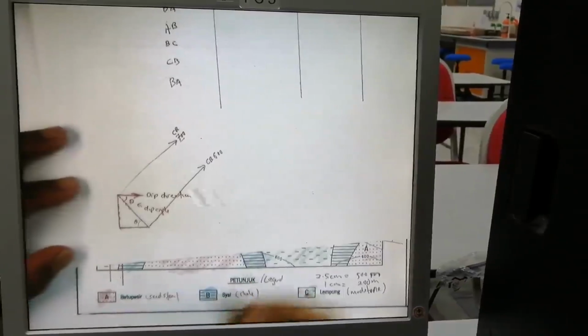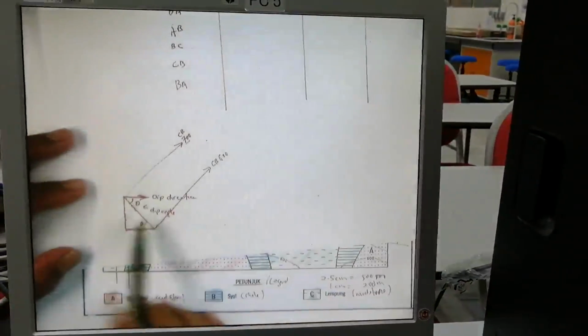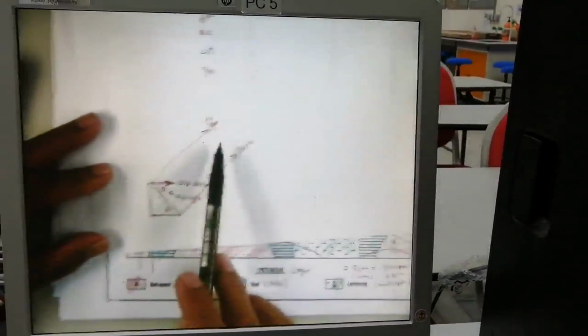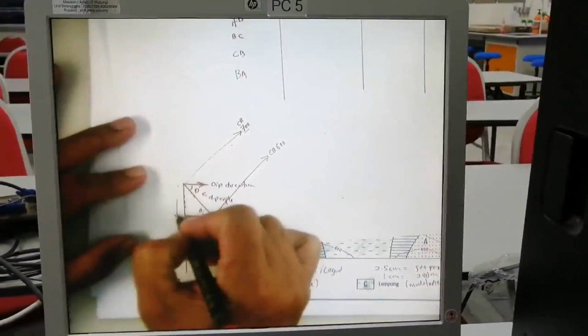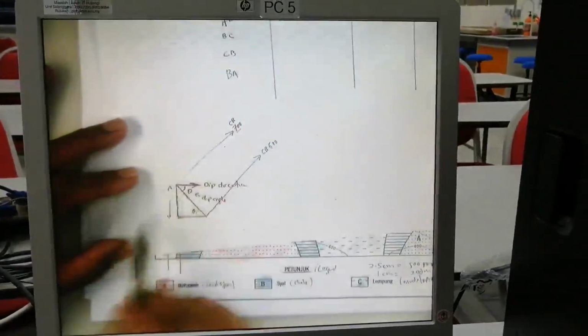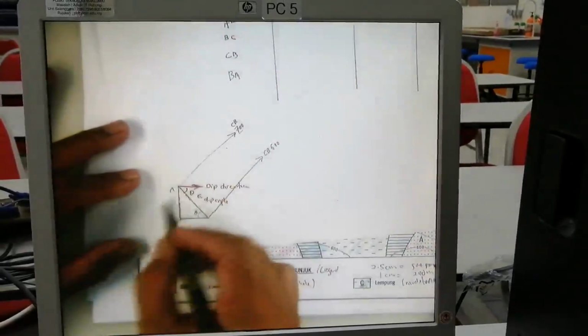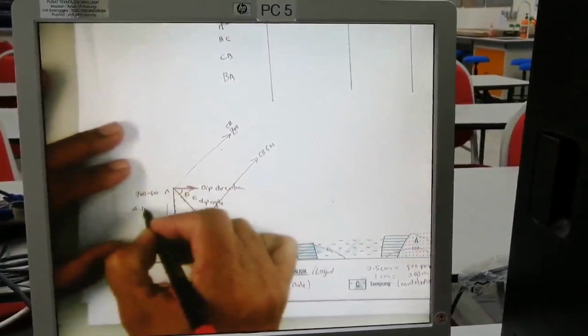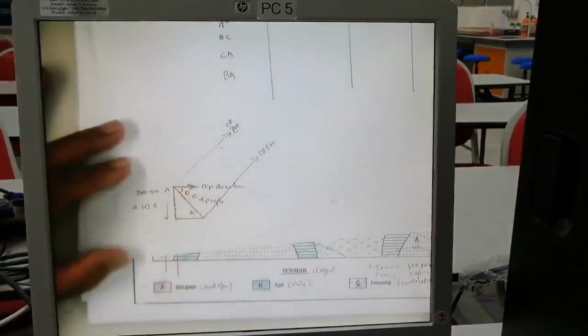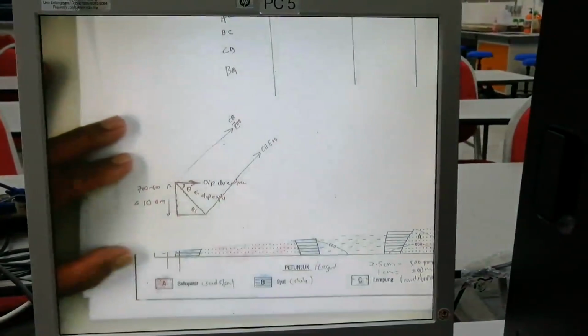Now the difference between 600 and 700 is here. The height difference is 700 minus 600, which is 100, so a 100 meter difference.